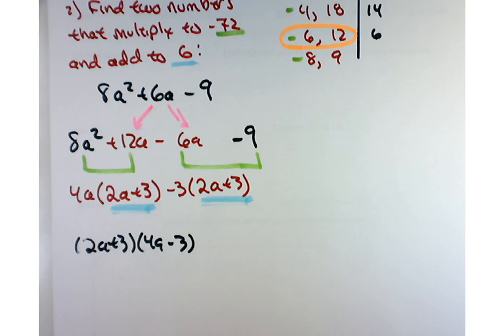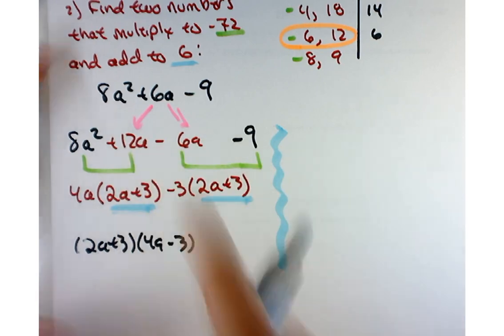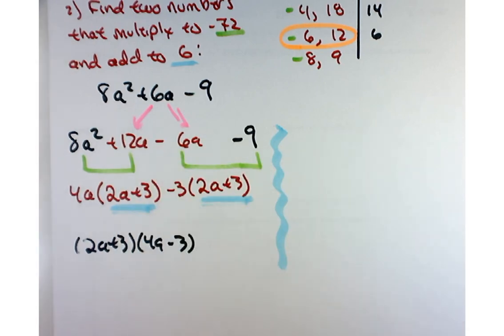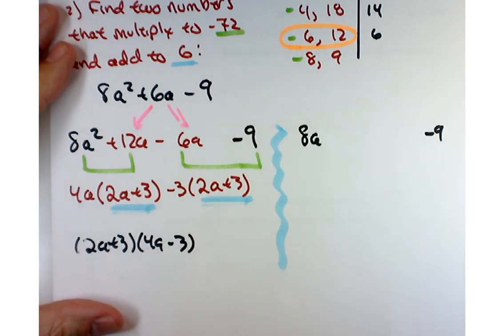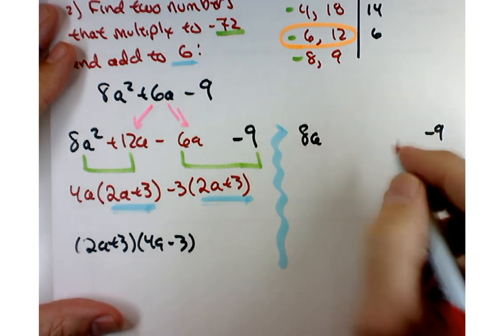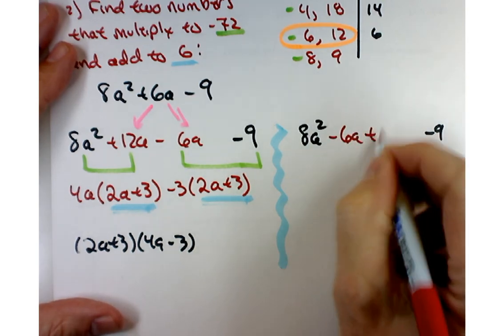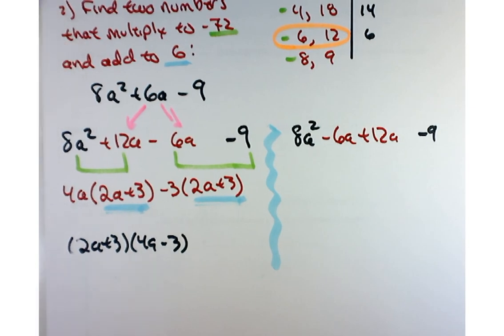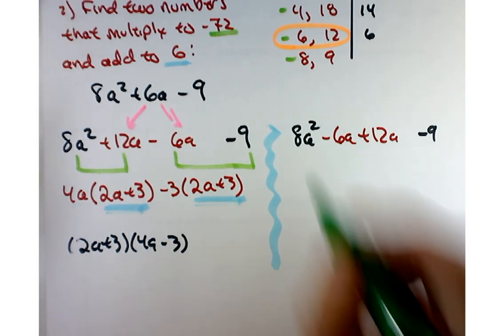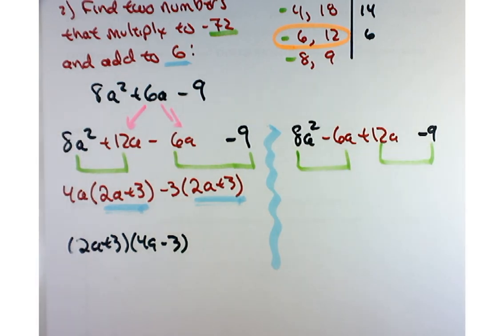If you're worried about, well, wait a minute, what if I put these numbers in a different order? What if you put them in as 8a squared minus 6a, and then plus 12a? Is that going to make a difference? Not really. In the end, it's going to work out the same.